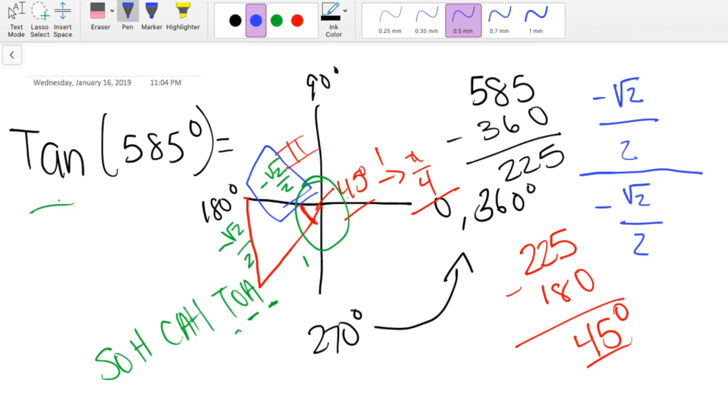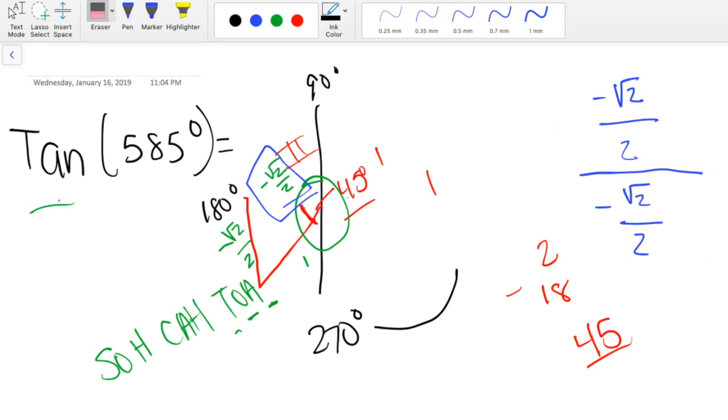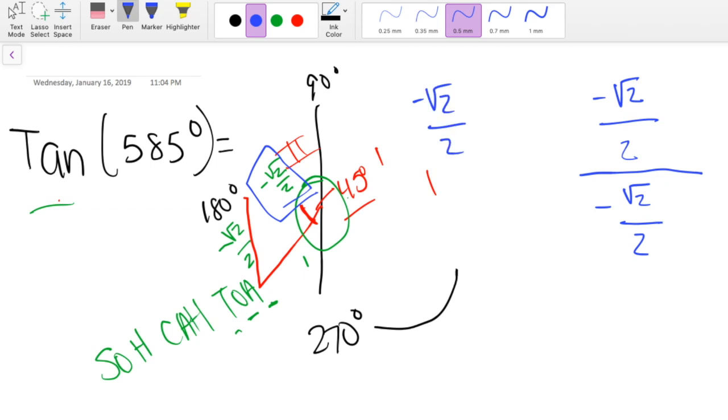Now, what kind of answer is this? This is a really ugly, really bad type of answer. So what we can do, we're just going to simplify this. Negative root 2 over 2 divided by negative root 2 over 2 is just the same thing as multiplying by the reciprocal.